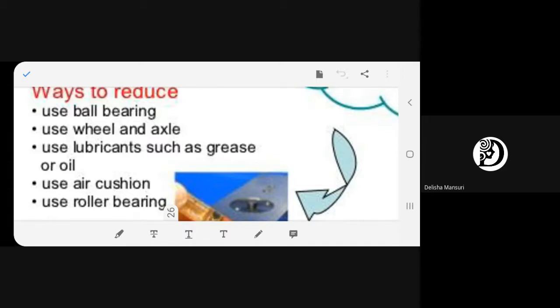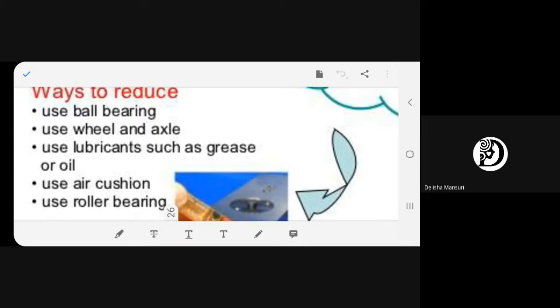Also, if your machine or your fan is making a lot of noise, what do you do? You apply certain grease. So the sound stops. What sort of lubricants do we use? We use either grease or oil.